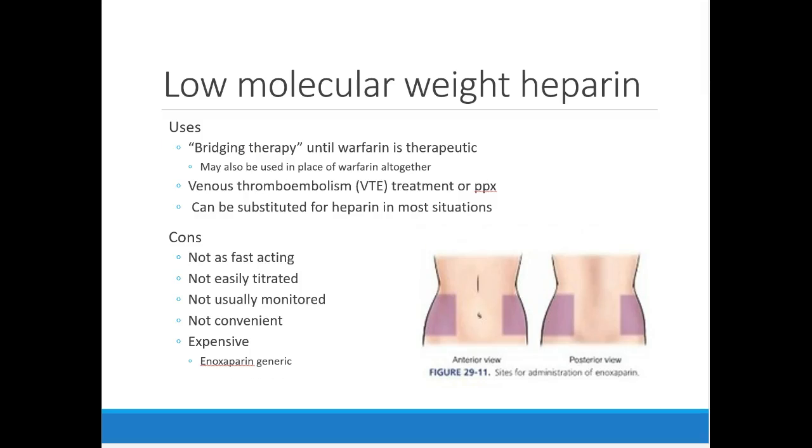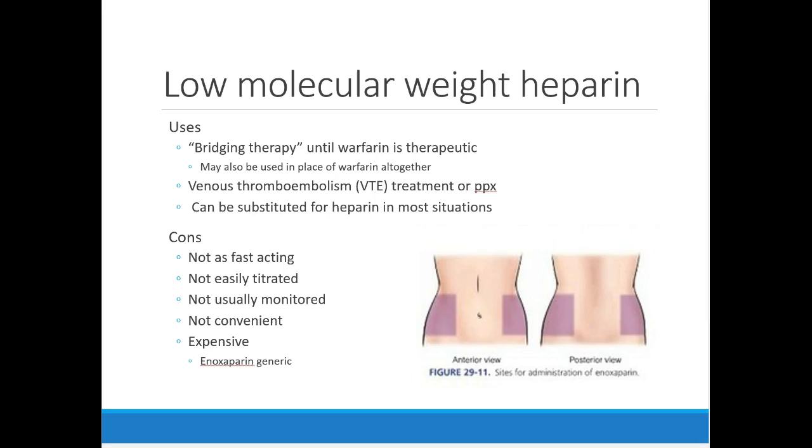All right, so other things you can do, you can substitute it for heparin in most situations. It's not super fast acting, not as fast acting as heparin, but it does work fairly quickly. Not easily titrated, and we don't monitor it, which might be nice, but you might not be able to tell if somebody's gone too high or is getting too much. You don't necessarily have a good validated method to test that.